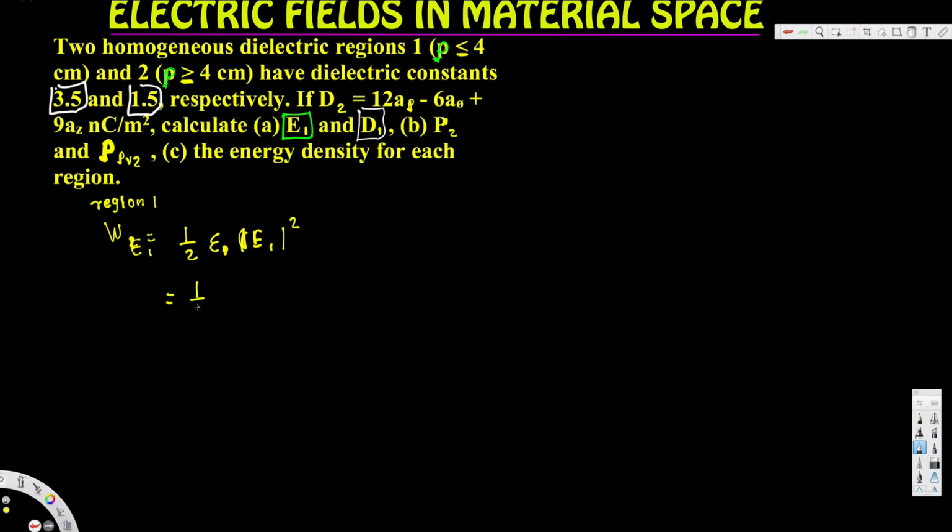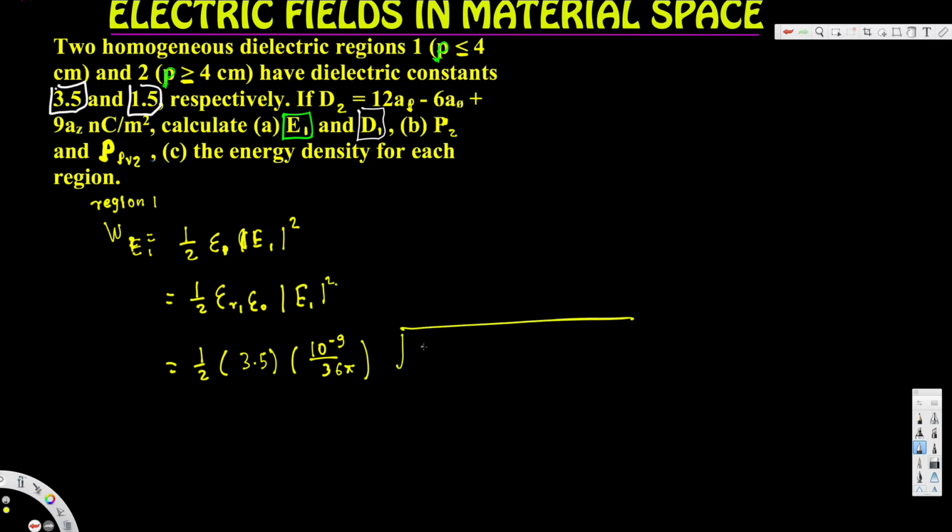Epsilon 1 can be expanded as epsilon R1 epsilon naught, and E1 is what we calculated before. Half times epsilon R1, which is given as 3.5, the dielectric constant, and epsilon naught is 10 to the power minus 9 over 36 pi. Then we put in the electric field that we calculated in the first part.